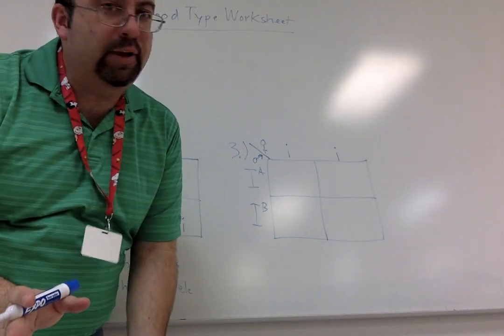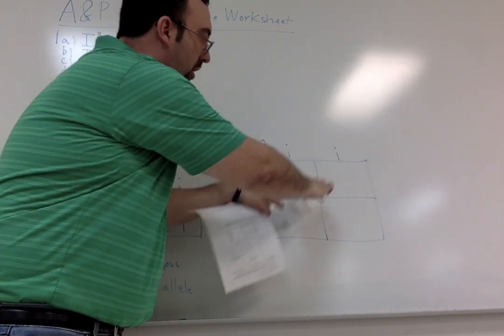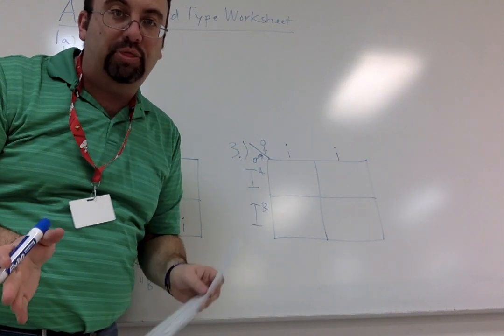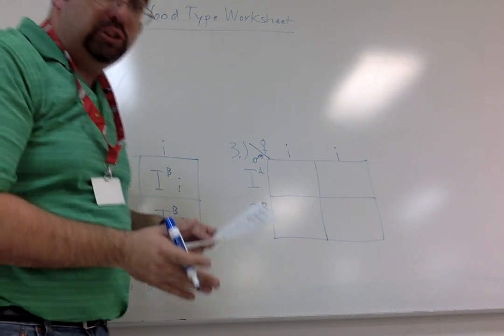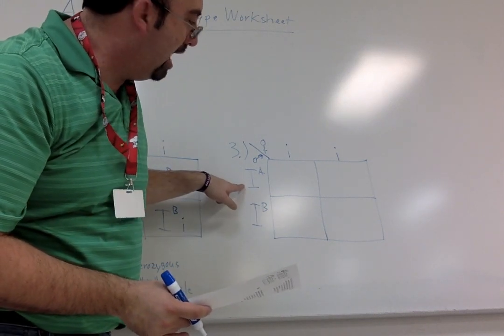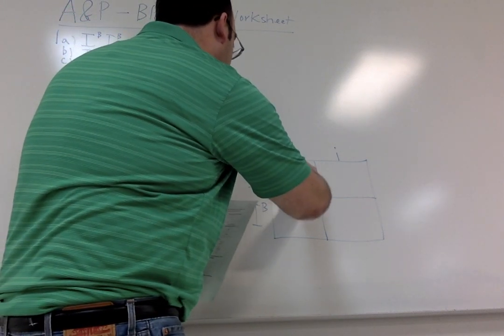All right, now what we have to do is do the crosses. We're going to cross these together and see what the possible offspring of these 2 parents would be. For the first one, for example, we're going to have an I capital A and a lowercase i, so we're going to draw that here.